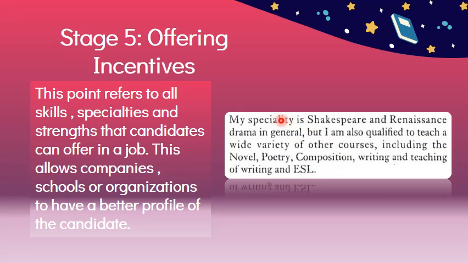Okay, so the teacher who wants to get this job is able to talk about Shakespeare and Renaissance drama in general, but is also qualified to teach a variety of other courses, such as novels, poetry, composition, writing and teaching English as a second language. So trying to offer something when you apply for a job is very necessary and important.